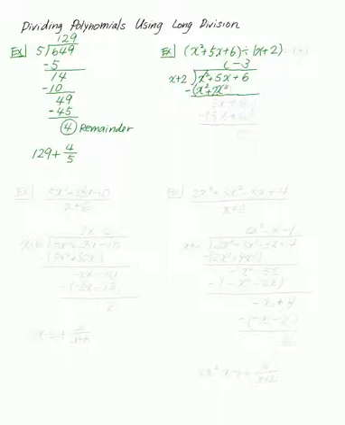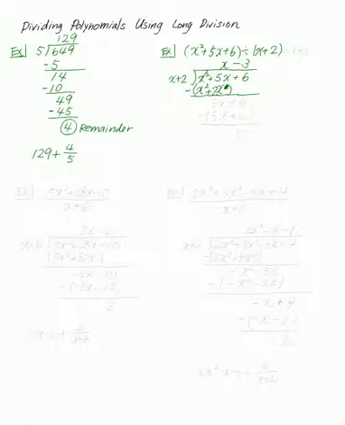I need something times x to give me x squared, and that's going to be x. Now I need to distribute the x to the x plus 2. That's going to give me x squared plus 2x. Now here's where it gets a little tricky.